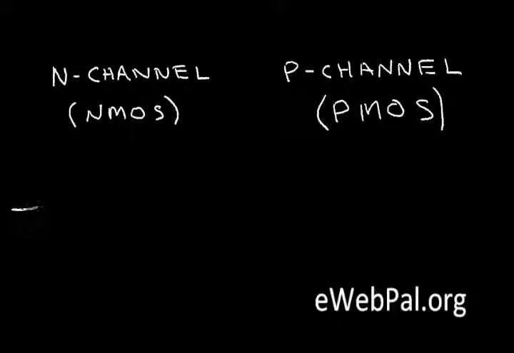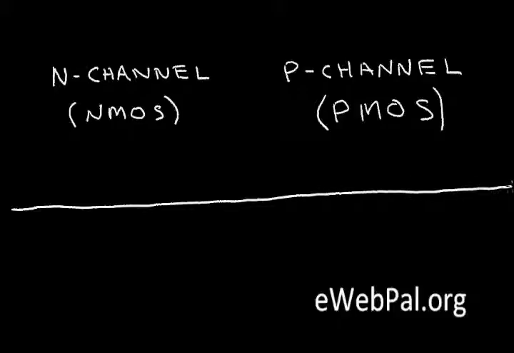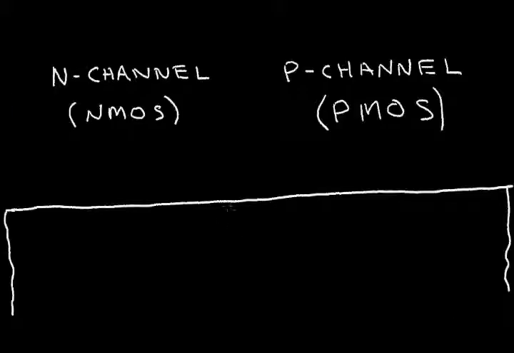If I have the surface of a silicon wafer, where this is the thickness of the wafer, and I diffuse in a very deep N region, which is called an N well.